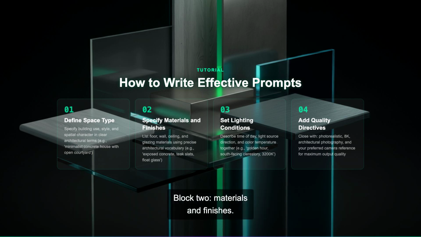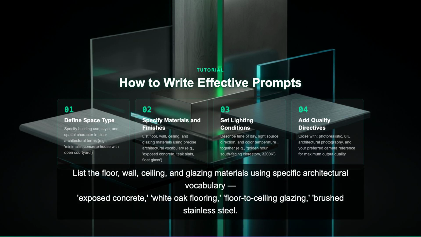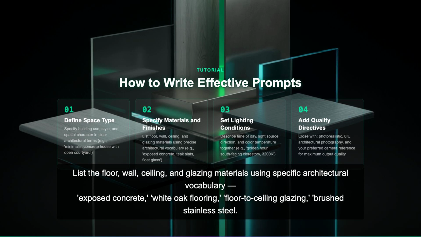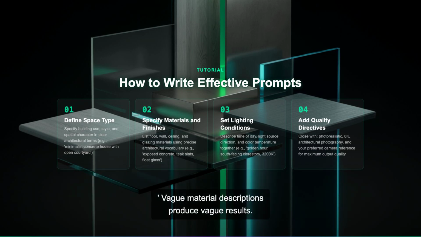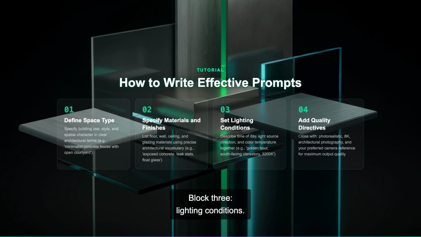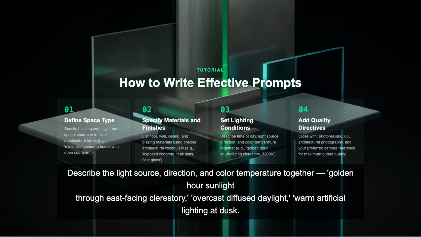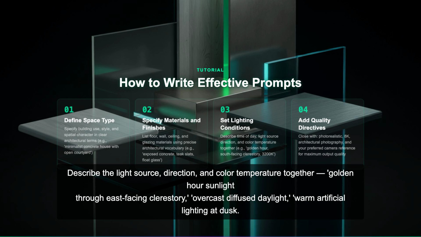List the floor, wall, ceiling, and glazing materials using specific architectural vocabulary: exposed concrete, white oak flooring, floor-to-ceiling glazing, brushed stainless steel. Vague material descriptions produce vague results. Block 3, lighting conditions. Describe the light source, direction, and color temperature together: golden hour sunlight through east-facing clerestory, overcast diffused daylight, warm artificial lighting at dusk.